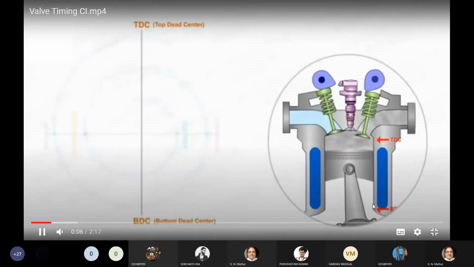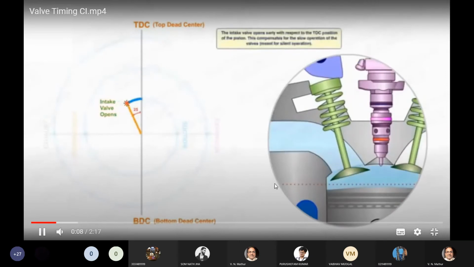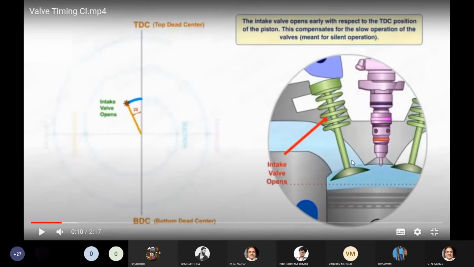So now the piston is moving from bottom dead center to top dead center position. Now the piston has not reached top dead center position, and the inlet valve starts opening. It's open. So the inlet valve, the intake valve, opens. So we start from this point. We are drawing the actual valve timing diagram here. This point is top dead center. This point is bottom dead center position.